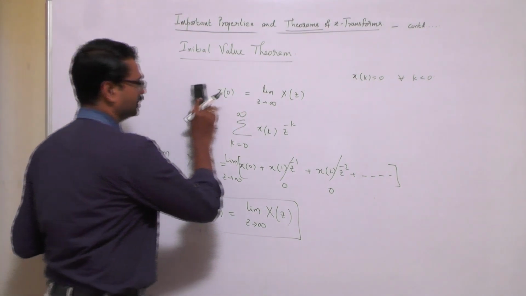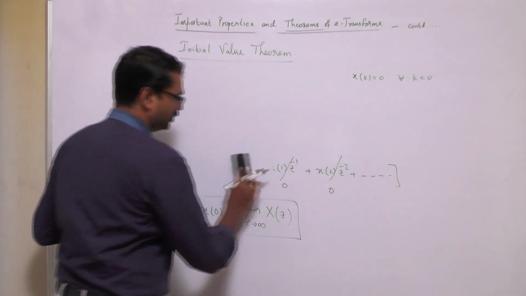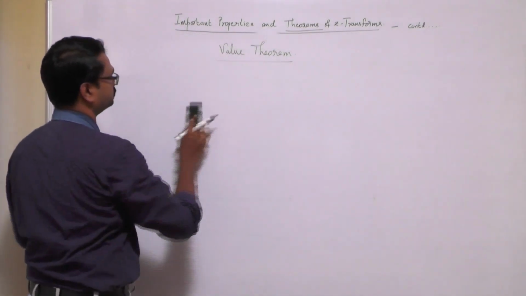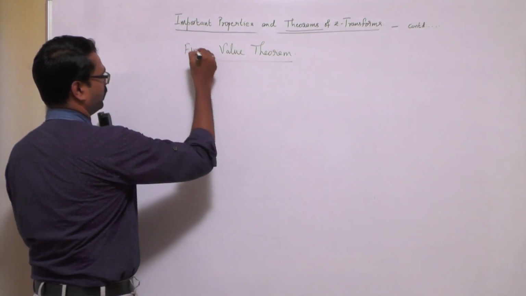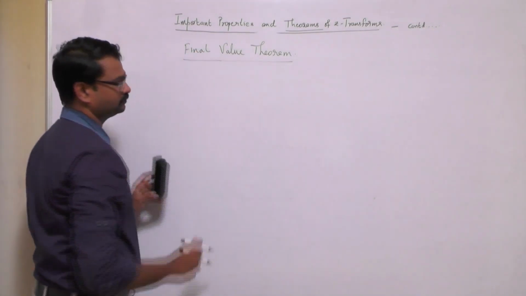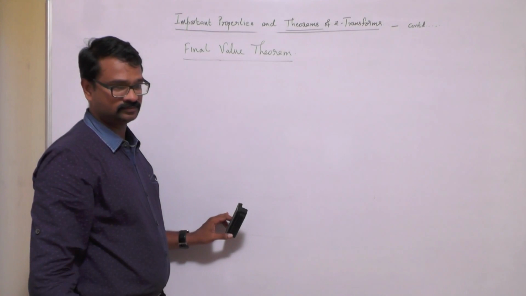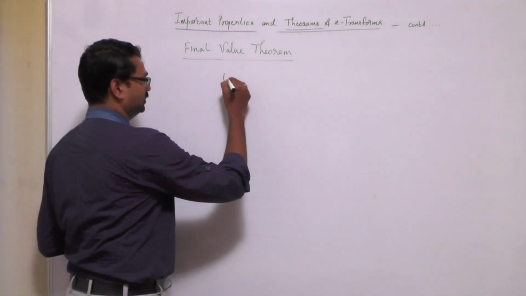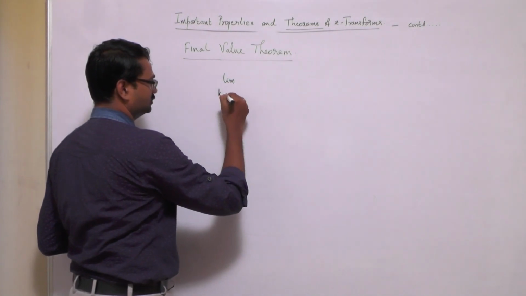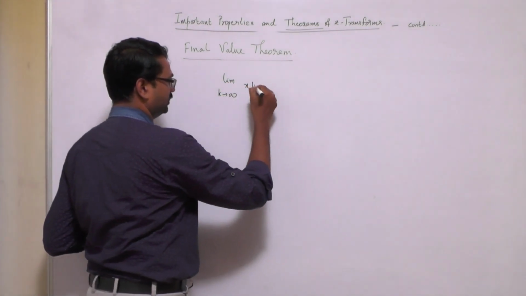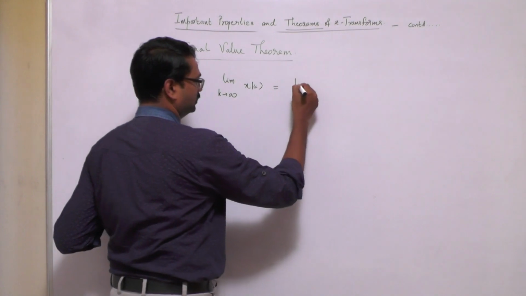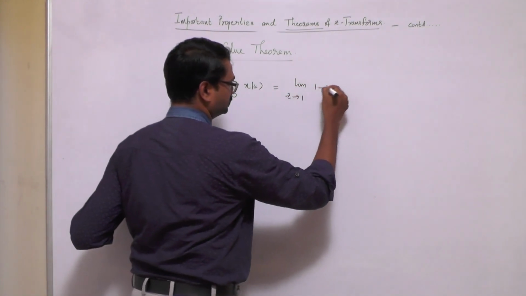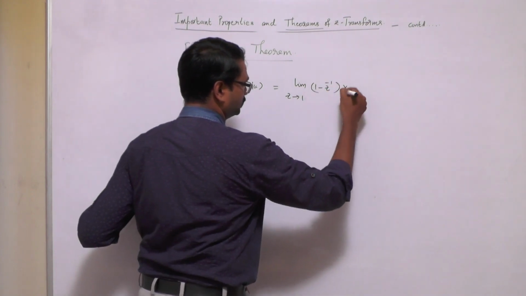In a similar way, we will try to find out the final value theorem of the z transform. The final value theorem states that limit as k tends to infinity x of k is equal to limit as z tends to 1 of 1 minus z inverse x of z.